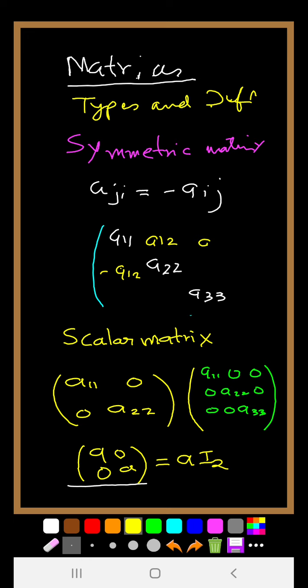Similarly, this is A13, and here it is minus A13. This is A23, and here it is minus A23. So interchange of indices keeps the value the same but only changes the sign. Then that matrix is called a skew symmetric matrix.